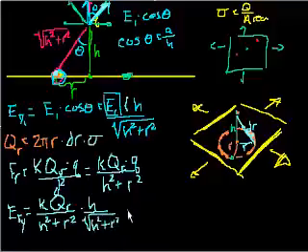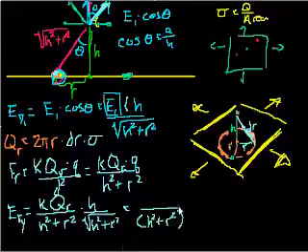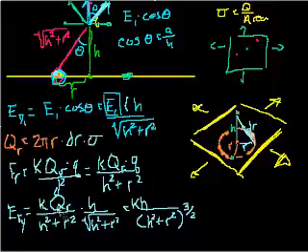And we could simplify this a little bit. The denominator becomes h squared plus r squared to the 3/2 power. And what's the numerator? Let's see, we had kh, and then the charge in the ring, which we solved up here.